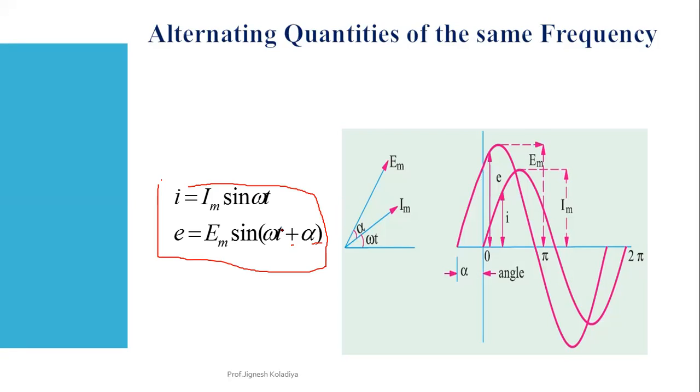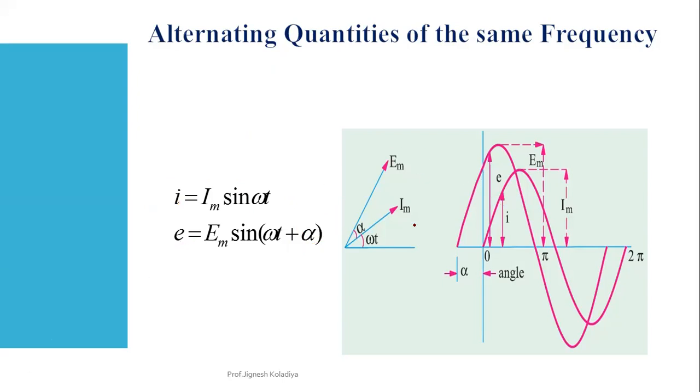No one? Voltage leads the current. Very good. So here we can say this voltage leads the current by an angle alpha, or current is lagging the voltage by angle alpha.